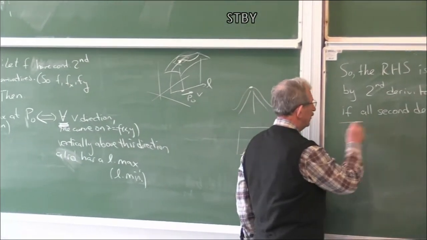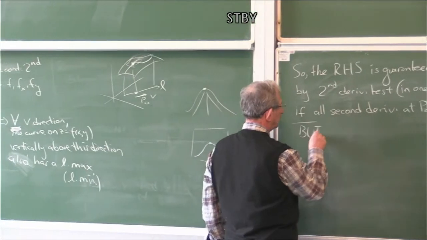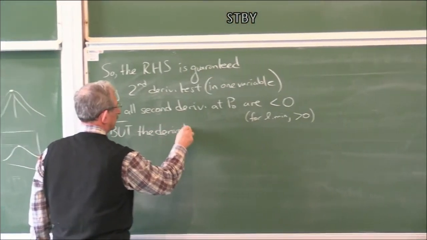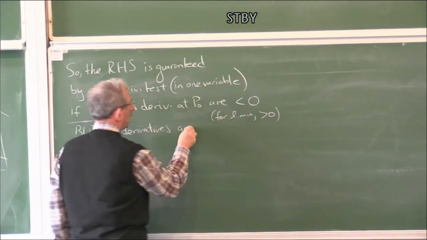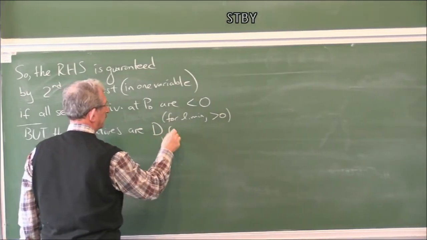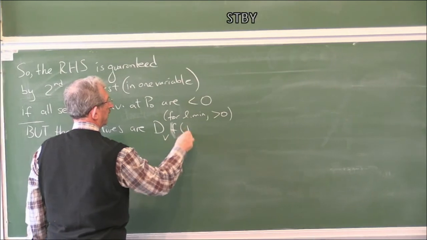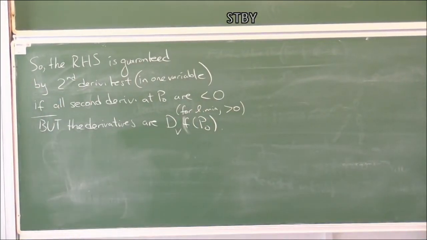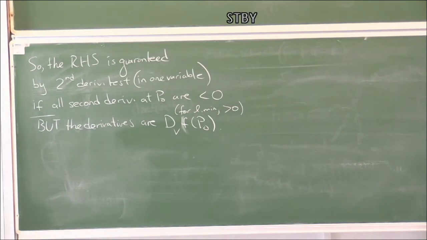So the derivatives are D_v f at P0. So the second derivative is the second directional derivative.